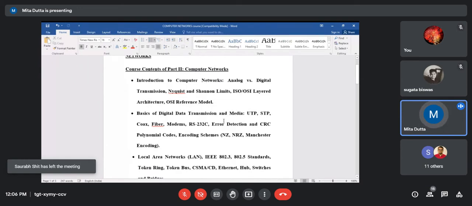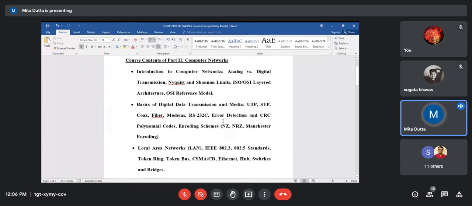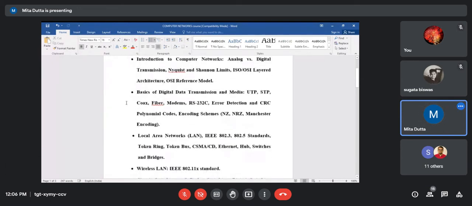So first one will be the introduction to computer networks, and then we are going to discuss the transmission media, and then error detection, by which method we can detect the errors. And then we are going to study encoding schemes.